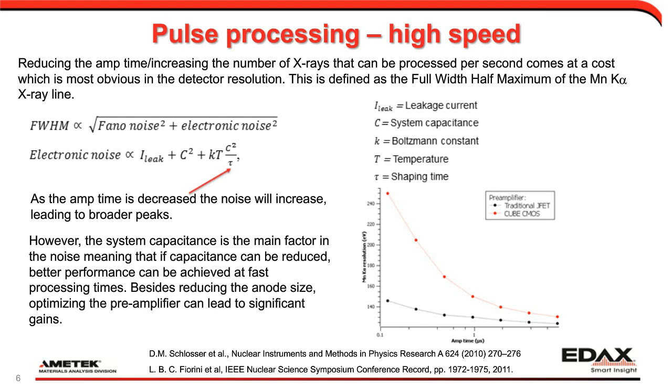We can see the Elect, Elite, and Element modules in general have quite good resolution, but the degradation in resolution when we go to the fast processing times is much, much less than we saw in the JFET devices, simply because we've reduced the capacitance in the entire electronic noise chain. We still see the amp time dependent term having an effect, so resolution will and should broaden as we go to the faster shaping times, but it's much less dominant than in the JFET device structure.